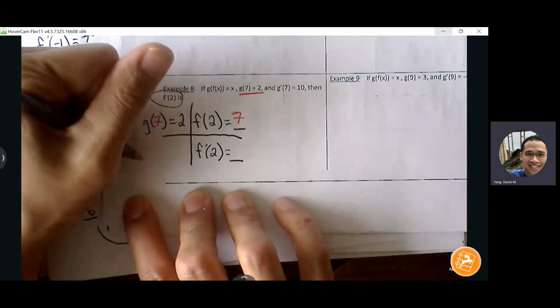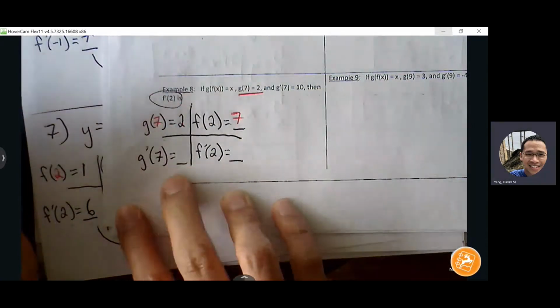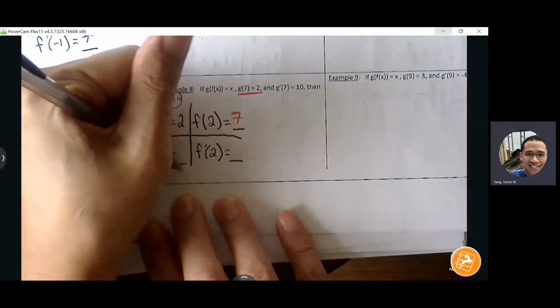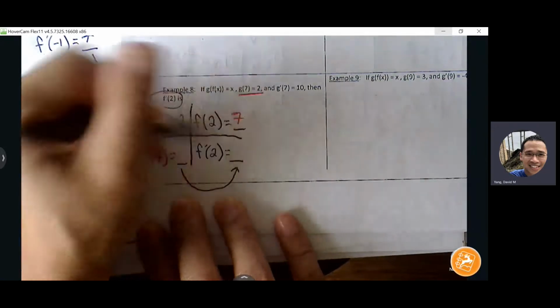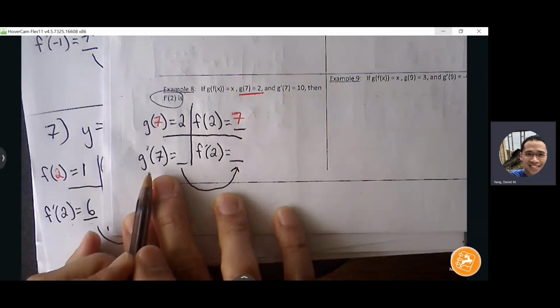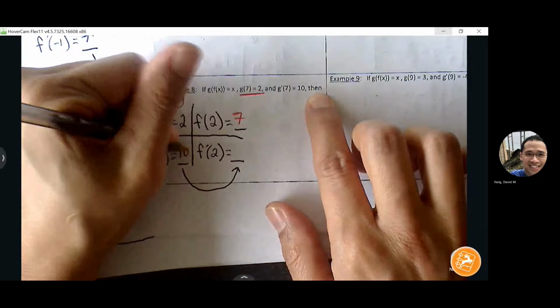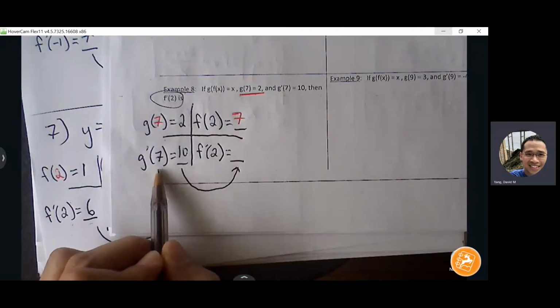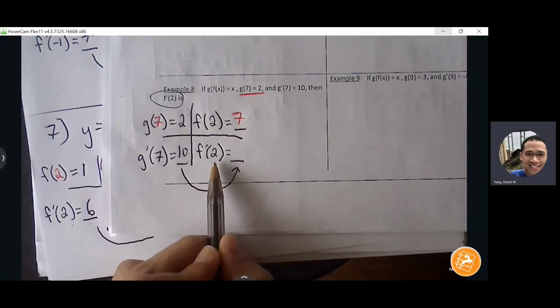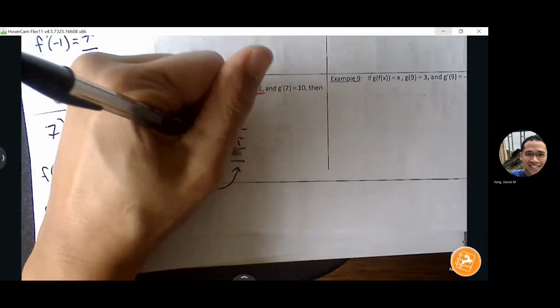So if I can find g prime of 7, the slope of my g graph at 7 is going to numerically correspond to the slope of my f graph at 2. Do I have information about g prime of 7? Okay. So if the slope of my g graph at 7 is 10, then the slope of my f graph at 2 must be what? 1/10.